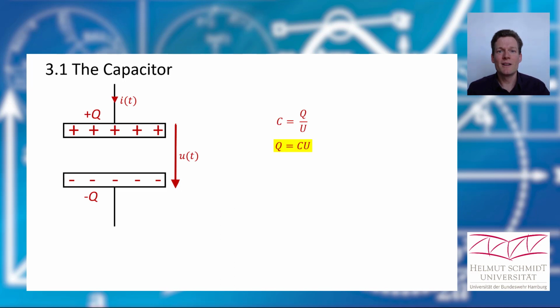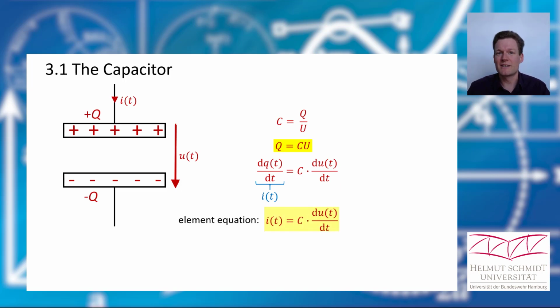And what we do now is we differentiate this equation with respect to time. This leads to this. The capacitance is constant, but we could take the derivative of the amount of charge and of the voltage. And do you remember the amount of charge derived by time? This is the definition of the current. And therefore we found the element equation of the capacitor.